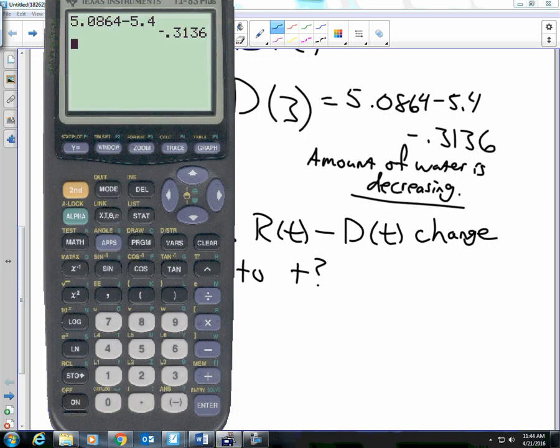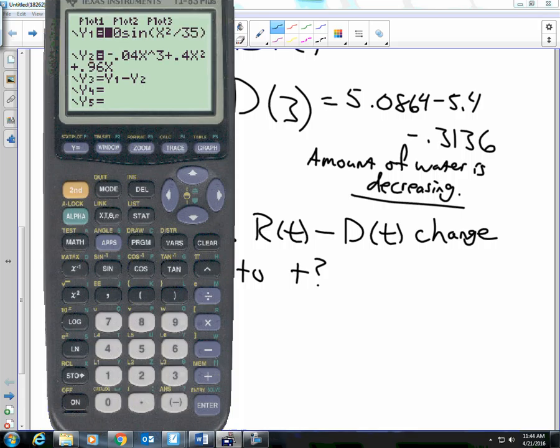If I turn my calculator on, this is something that could save you time. I go into y equals. Is this r of t or d of t? r of t. How about the next one? What I am going to do is simply take off the equal signs, and do y sub 1 minus y sub 2.